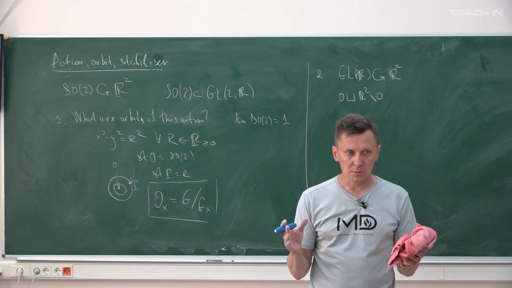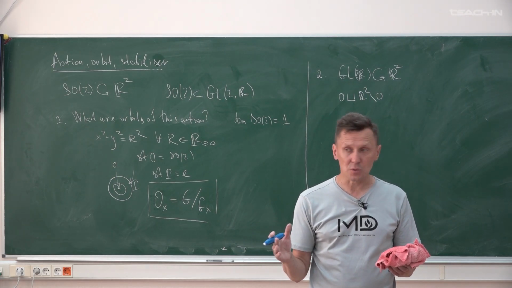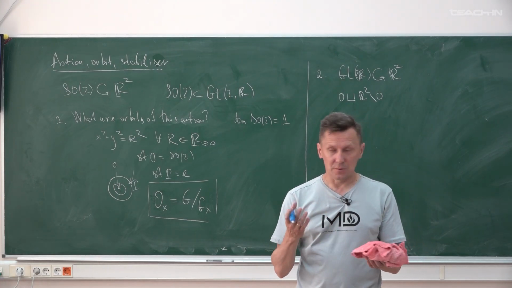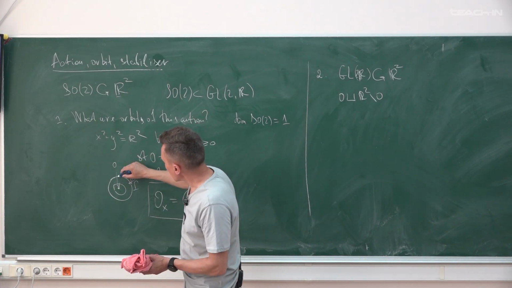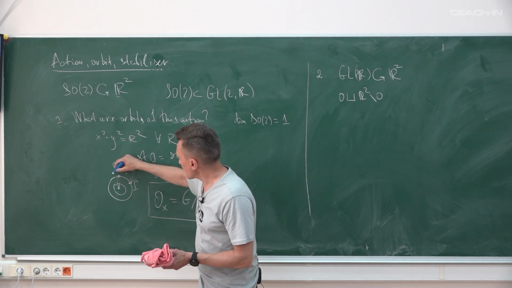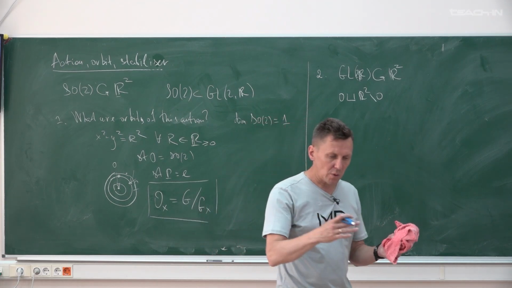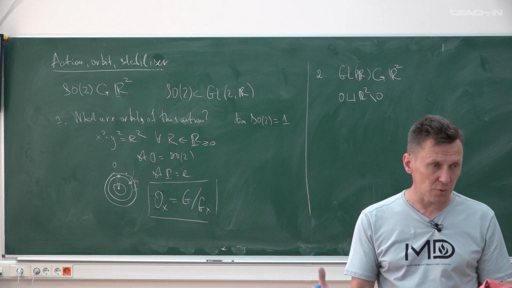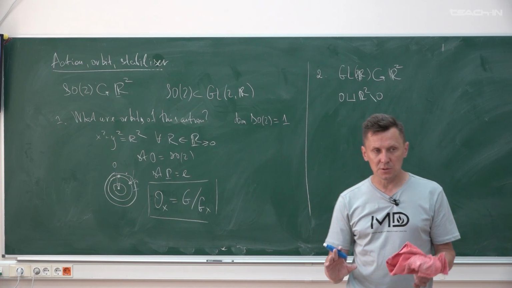Yes, it's a disjoint union of orbits, because orbits are not intersecting. You understand that the orbit of this element is equal to the orbit of this element. Same. But these orbits are not intersecting. And that's why the whole set is a disjoint union of different orbits. It is very useful in many different contexts.